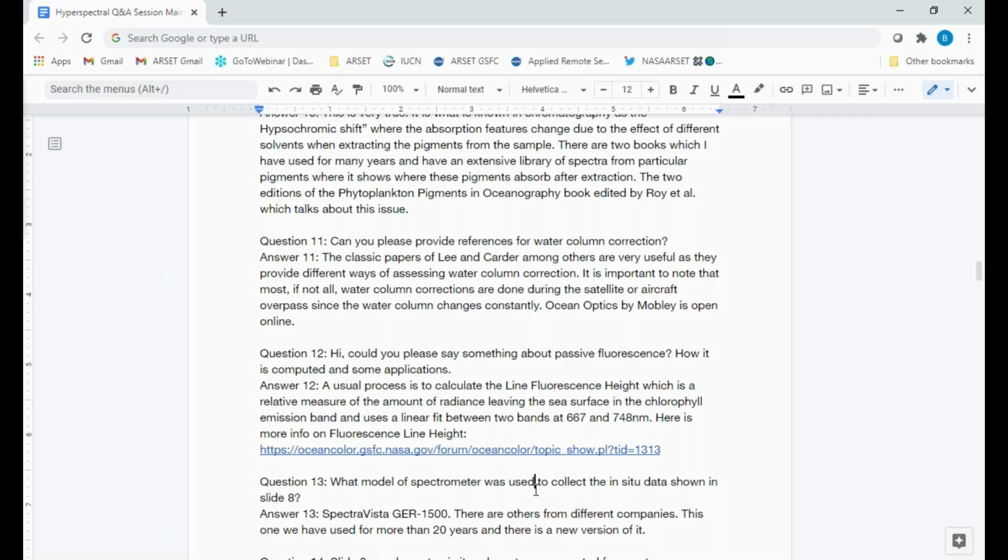It's used to calculate chlorophyll fluorescence in ocean color, and I included the link there as well with more information from the Ocean Color website, particularly about the fluorescence line height.